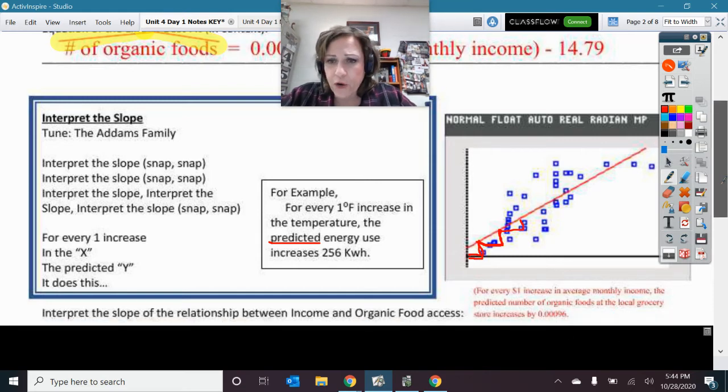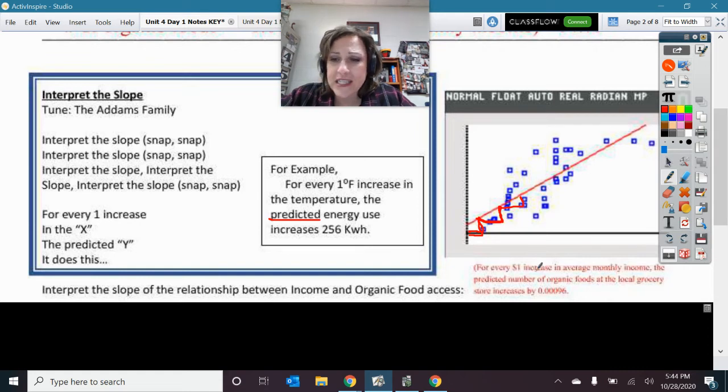For every $1 increase in the average monthly income, the predicted number of organic foods at the local grocery store increases by 0.00096. You could get by with that, because that is literally what's happening. But in context of the problem, that's very awkward.